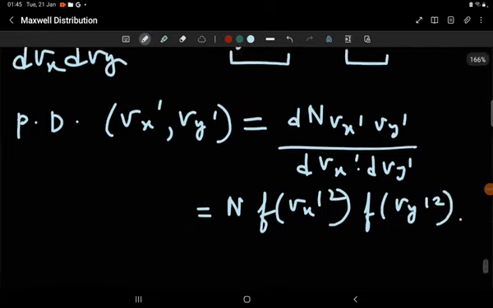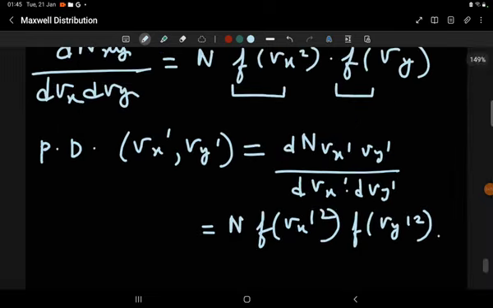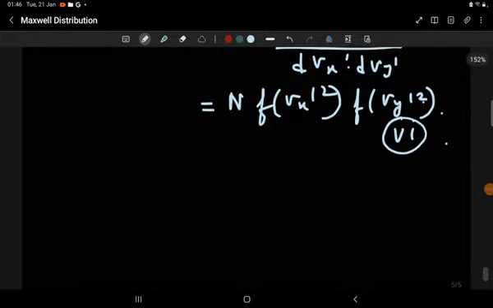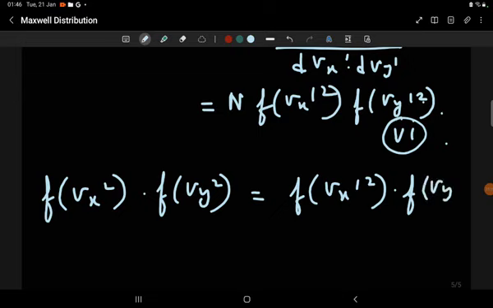But remember that this is a perfect ideal gaseous system, and the density must be the same regardless of the coordinate system that we choose. So clearly we can equate these two, equations 5 and 6, and the n should cancel out. So f(vx squared) f(vy squared) equals f(vx dash squared) f(vy dash squared), right?